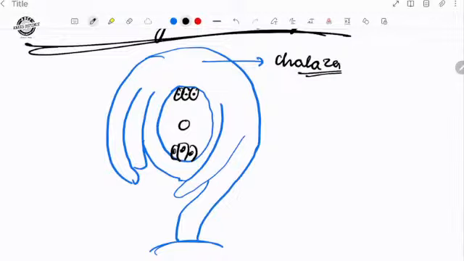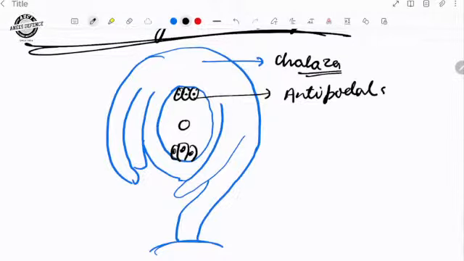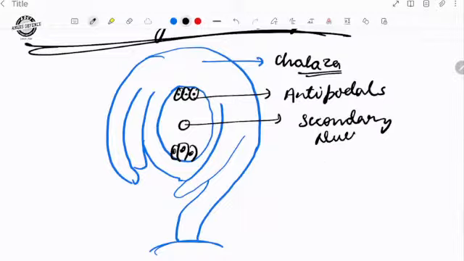These are things you are going to observe in the female gametophyte. Understood? This is termed as antipodal cells. This is the secondary nucleus. This is termed as embryo sac.